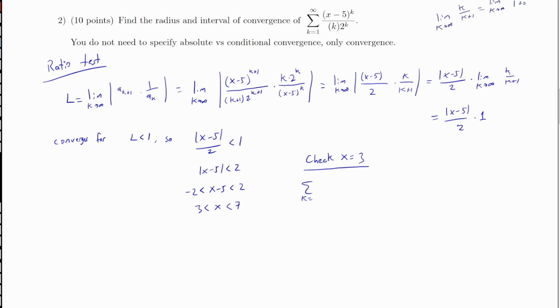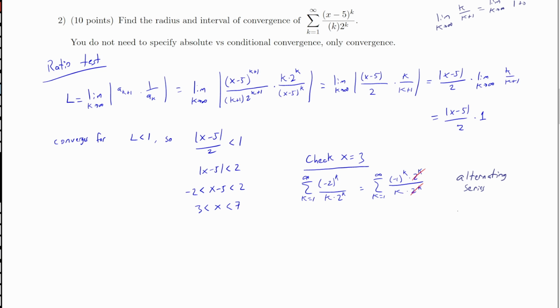We'll have the sum from 1 to infinity of 3 minus 5, which is negative 2, to the k over k times 2 to the k, which is the sum from 1 to infinity of negative 1 to the k times 2 to the k over k times 2 to the k, and these 2 to the k factors cancel. So we have an alternating series.